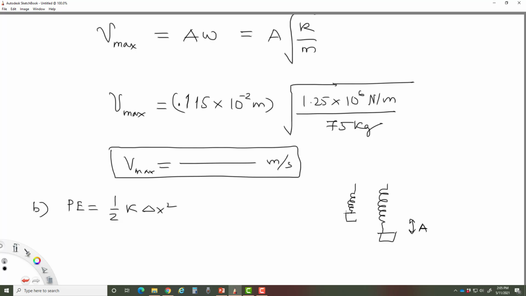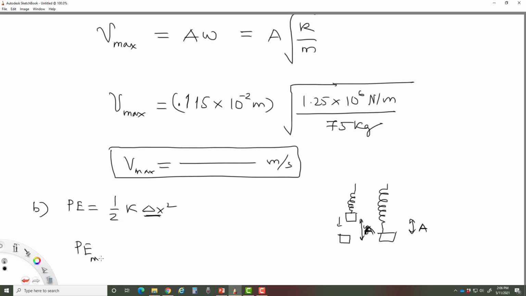Let's say this is the equilibrium. When you stretch it, it will have more and more potential energy, and at the maximum displacement it will have the maximum potential energy, no kinetic energy, just potential energy, and the distance corresponding to that is the amplitude. So here this would be A, the maximum displacement.